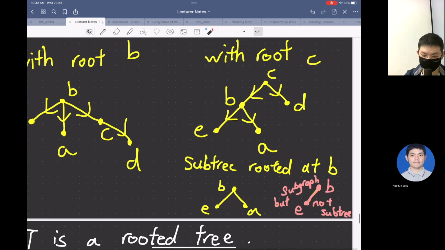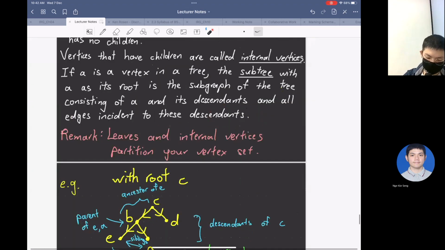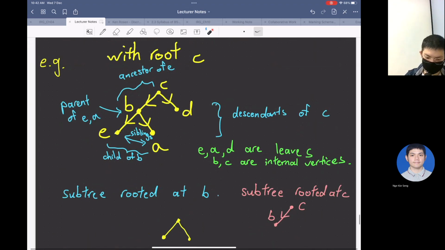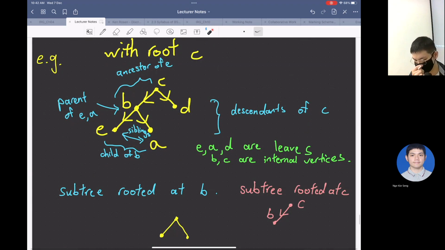Okay, in summary, let's check this example again. The ancestors of E are B and C in this rooted tree. The parent of E and A is B, and E and A are siblings.